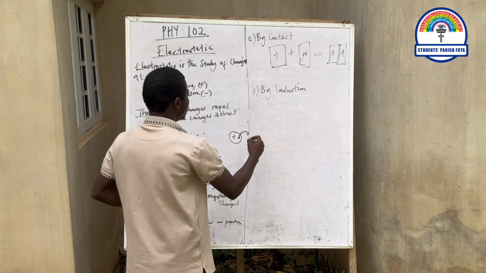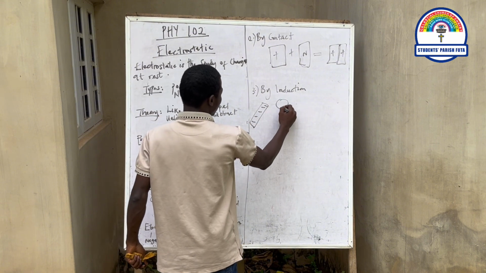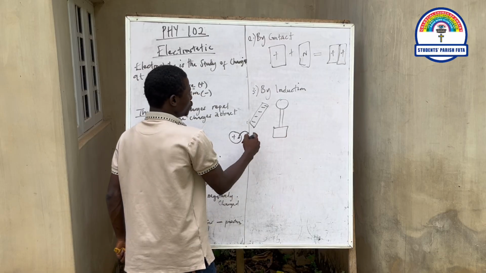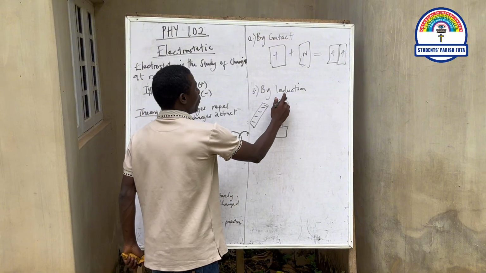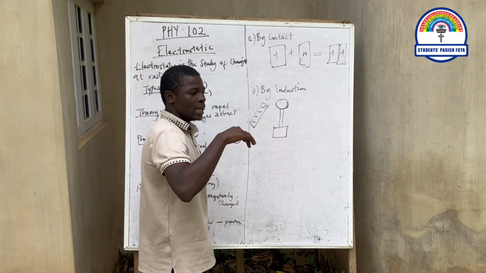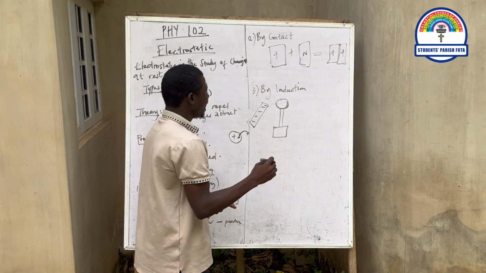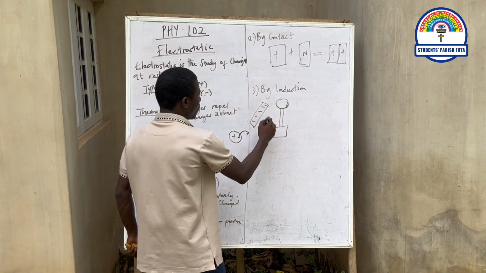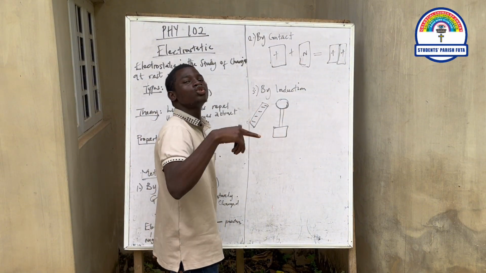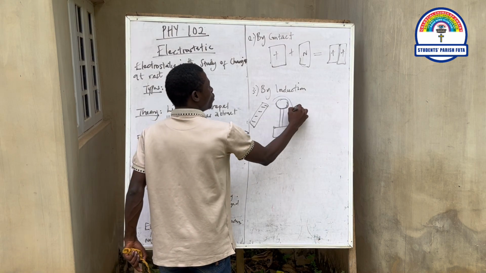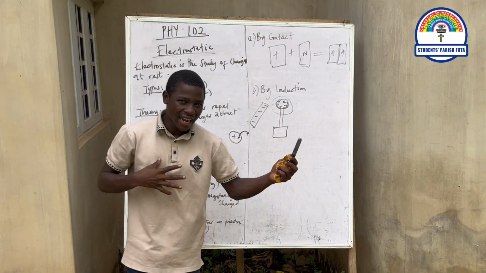So this is how it works, and we'll draw the principle. Let's assume this is a charged body and it is negatively charged, and this is a conductor on a stand. When you bring the charged body closer to it, it pushes electrons around and the charges redistribute, rearranging themselves. The conductor is neutral because it has balanced negative and positive charges.